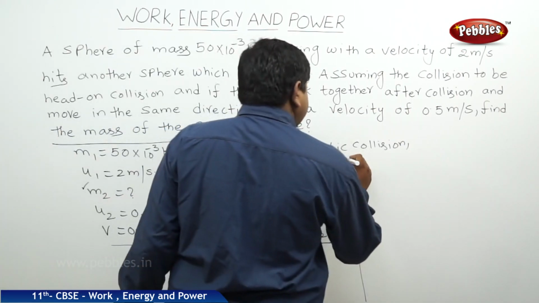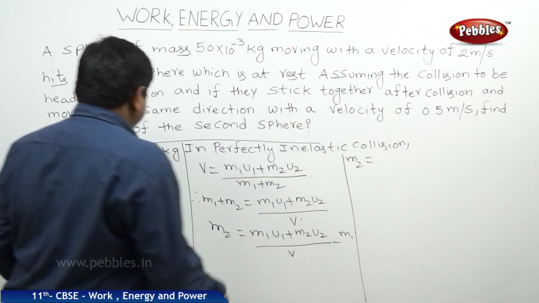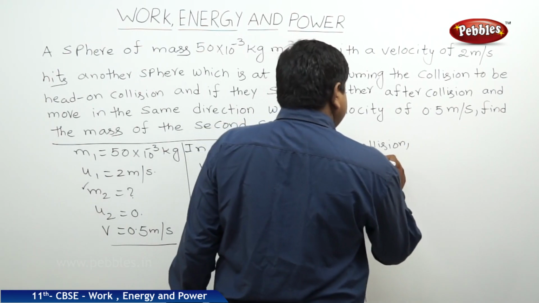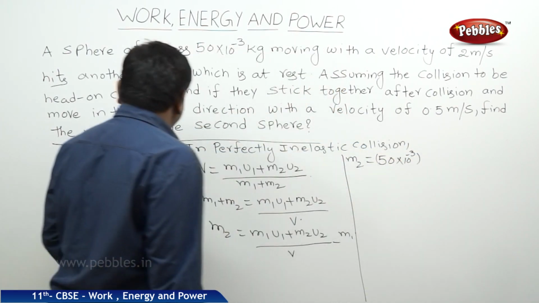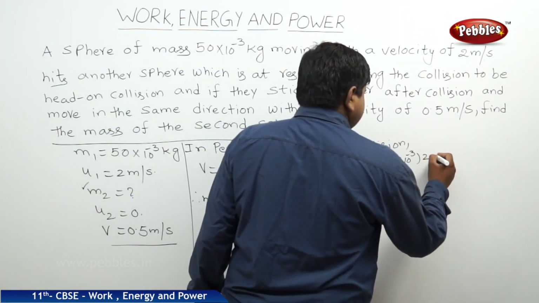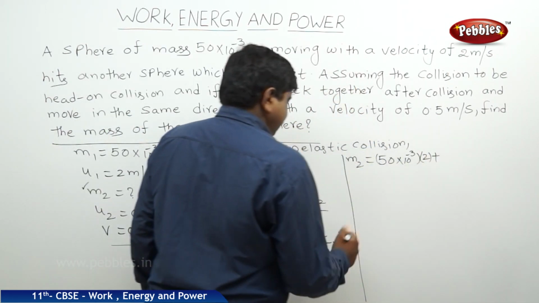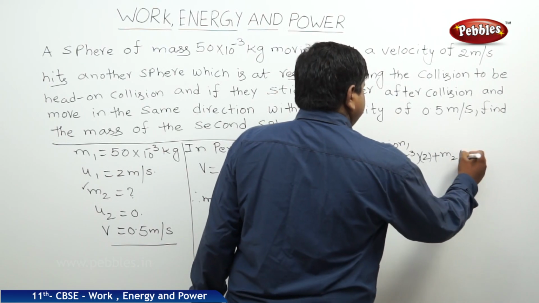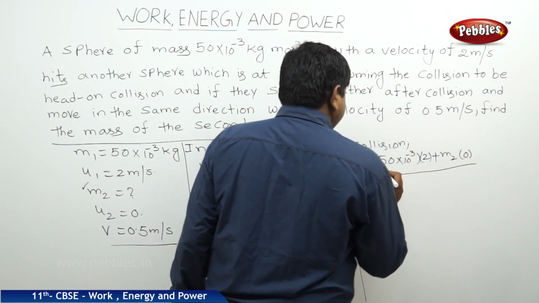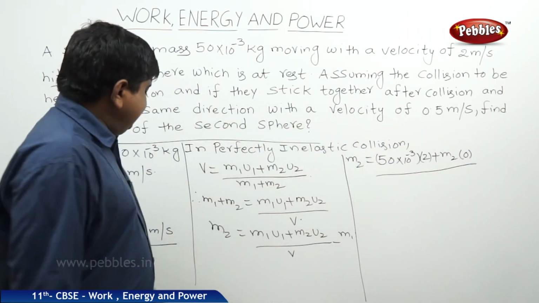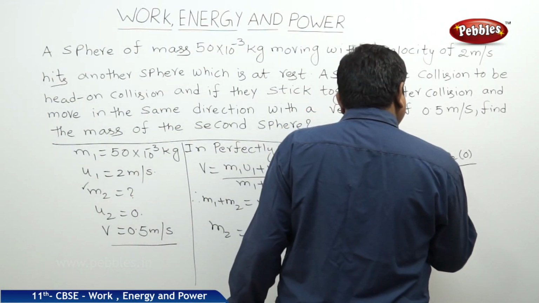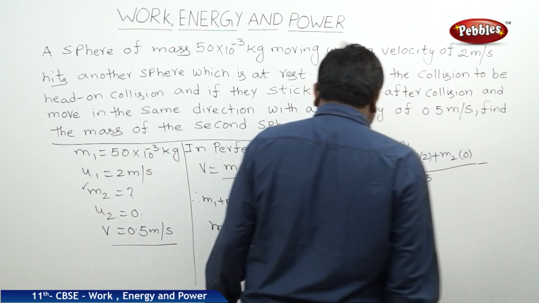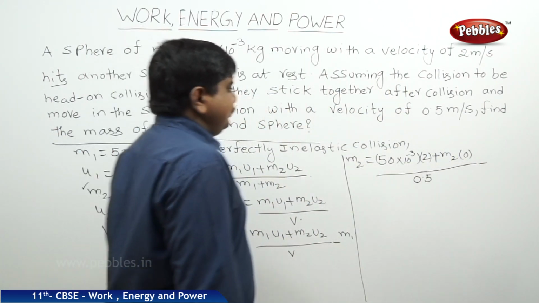Therefore, m2 is equal to, where m1 is 50 into 10 to the power of minus 3, u1 is 2 meters per second, plus m2 which we should find out, but u2 is 0, by the common velocity v equal to 0.5 meters per second, minus m1, again 50 into 10 to the power of minus 3.